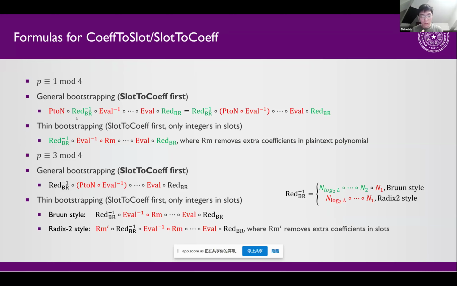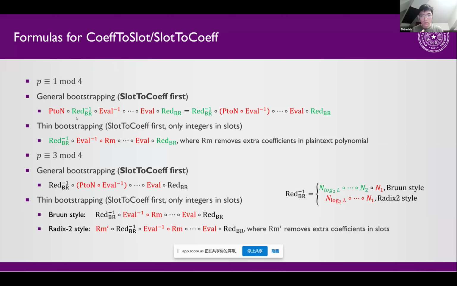And in simple bootstrapping, we have an extra transformation called Rm. It will remove the extra coefficients in the plaintext polynomials. And when p equals 3 modulo 4, the formulas are generally similar to the previous case. And the major difference is that not all the NTT matrices are E-linear.